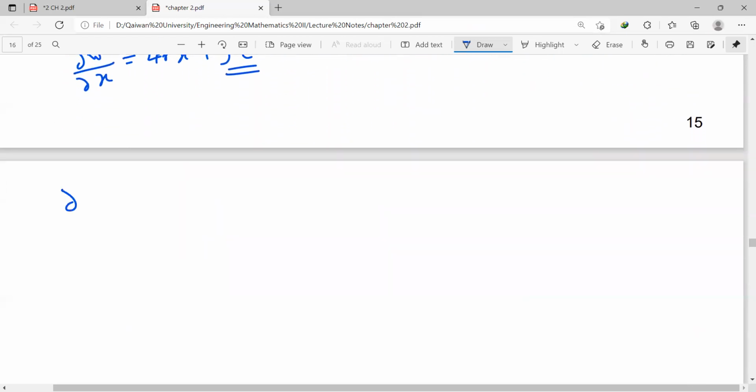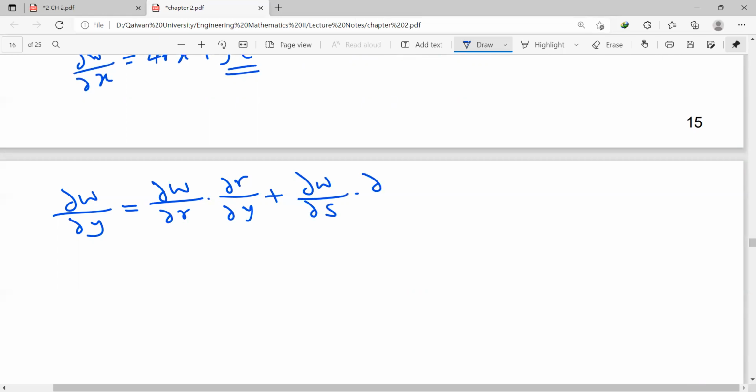Say partial w by partial y equals partial w by partial r times partial r by partial y, plus partial w by partial s times partial s by partial y, plus partial w by partial t times partial t by partial y. This is the rule. Okay? If we know the tree, it's easy to write this down.